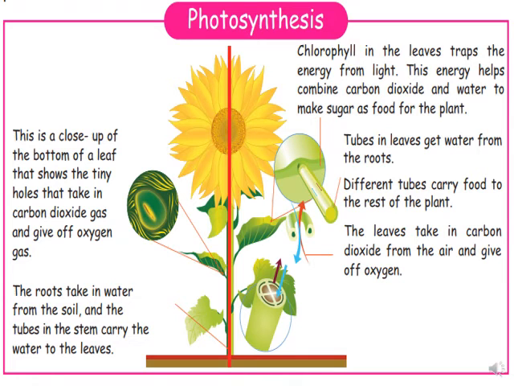What happens in this process? We have the chlorophyll. The chlorophyll traps the energy from the light. This energy helps to combine carbon dioxide, CO2, and water, H2O, to make the sugar as a food for the plant.